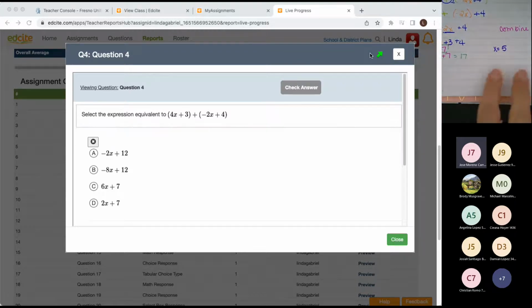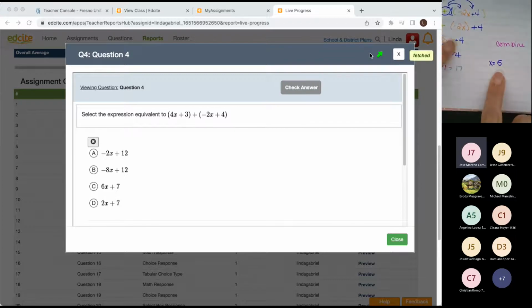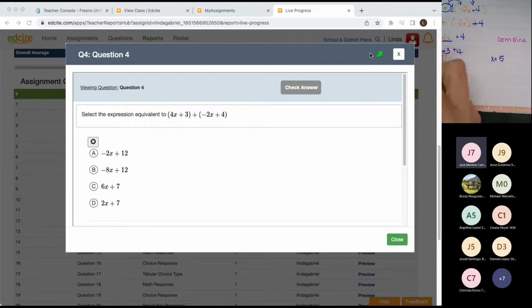All right, so let's plug our given x value into our original expression, which was 4x. So we're going to put 4 times 5 plus 3, then I have a plus sign in between, and then parentheses, -2x.